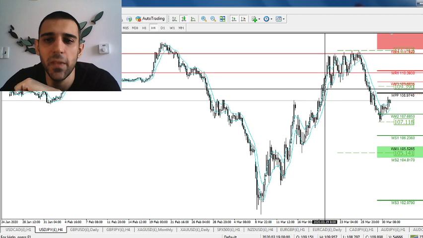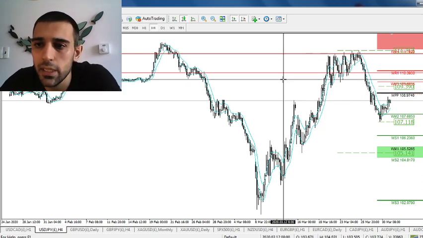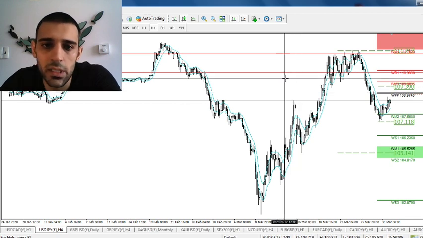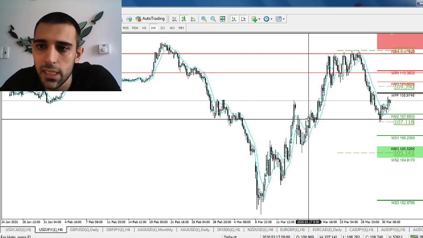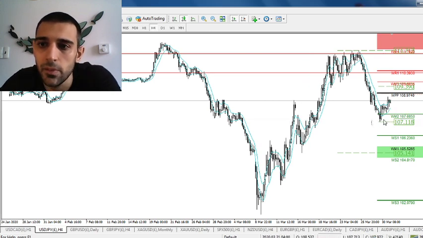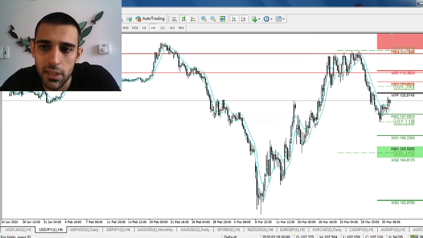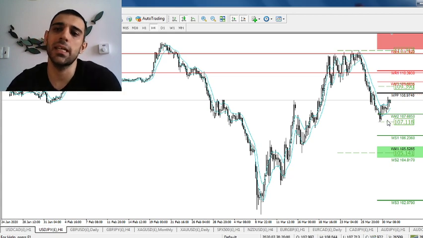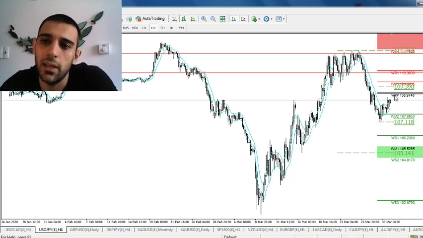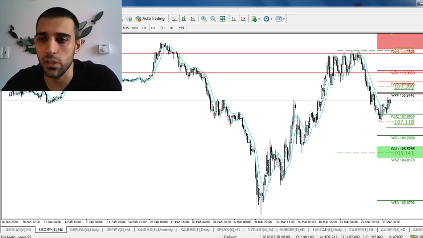A 30 pip stop will be good on this, and then we would be looking to run it towards 107.30, which looks good as we're coming to the prior lows down here. Normally price likes to come down and retest the lows, and then depending on what the price wants to do, it's either going to continue falling or turn around and go in the opposite direction.